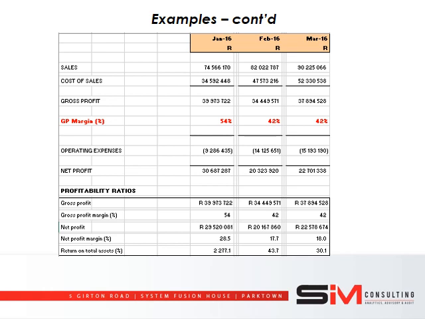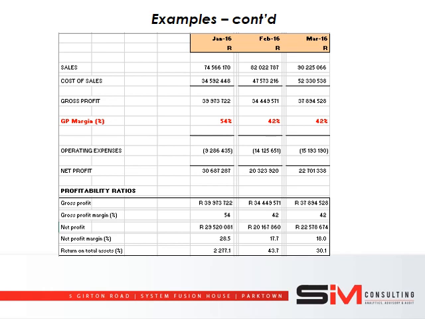Third one, net profit. We said the formula for net profit is gross profit minus operating expenses. Let's look at our net profit in this case of January 2016. Gross profit is 39,973,722 rands, and our operating expenses is 9,286,435.